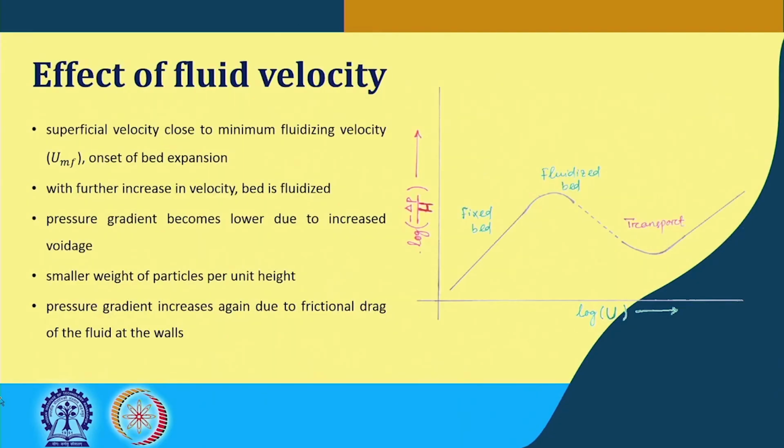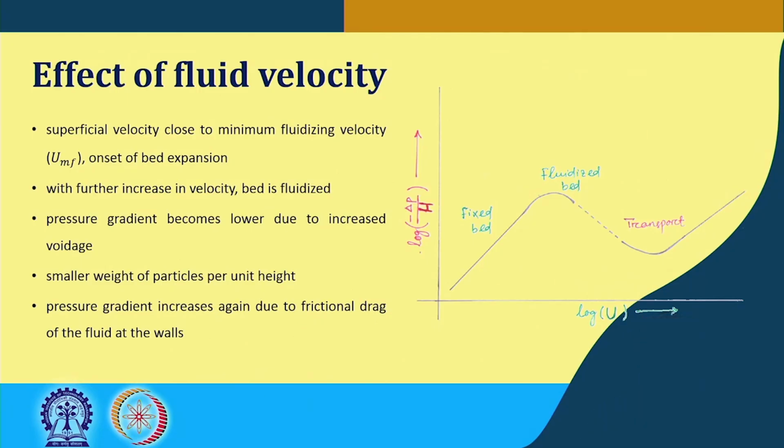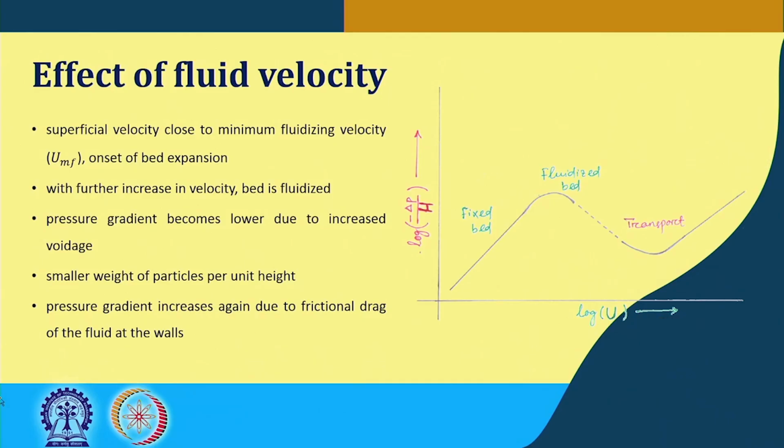So, to start with, if we have sufficient fluid superficial velocity, when it goes to the minimum fluidization velocity, that is the UMF we designate here, MF stands for minimum fluidization velocity, then the onset of bed expansion occurs, which means the bed starts to expand and it goes until the maximum voidage that is possible for that kind of packing.